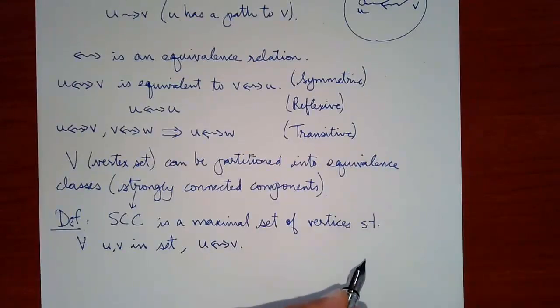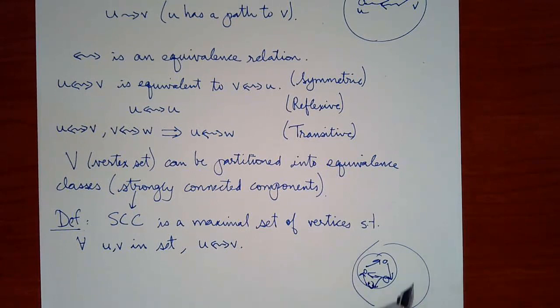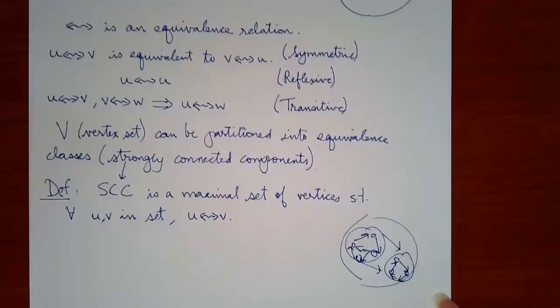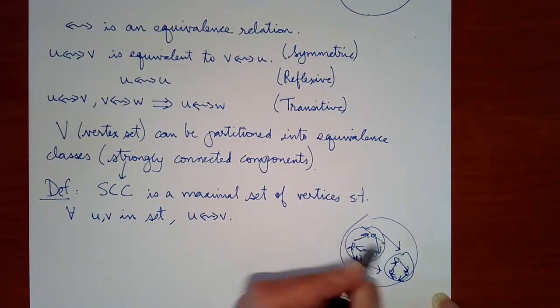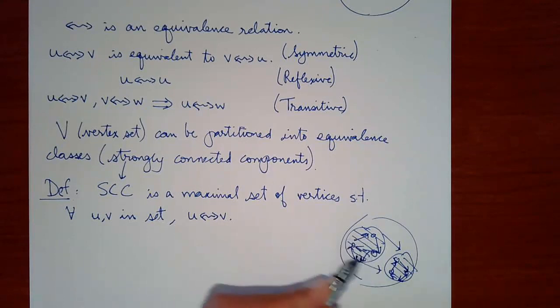So what does this really mean in terms of a graph? You could have some component here, which is like a directed cycle, where everything can connect to everything. And then you have something else over here, which is also some directed cycle. And then you may have some edges that go from here to here. So each of these is a separate strongly connected component. It's like connected components, except that in each component, you can go from anywhere to anywhere.